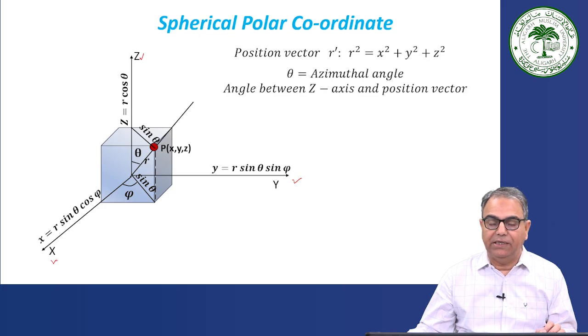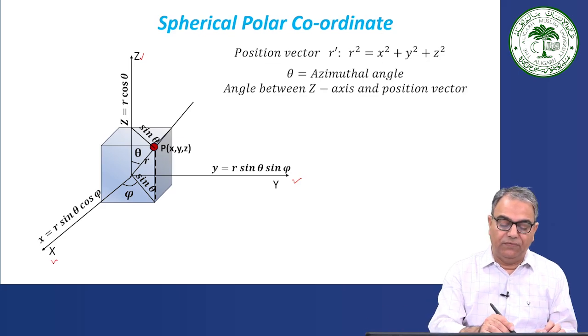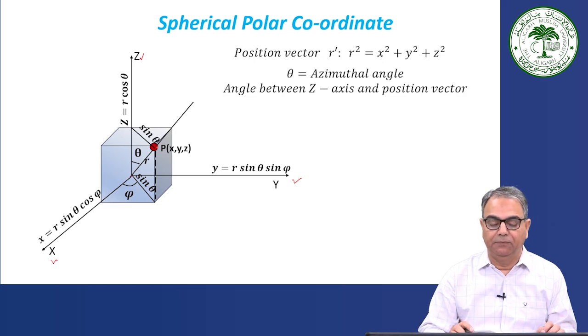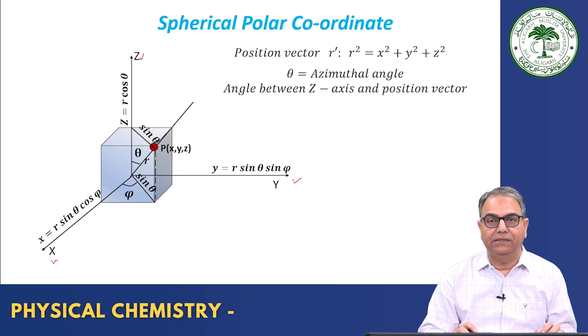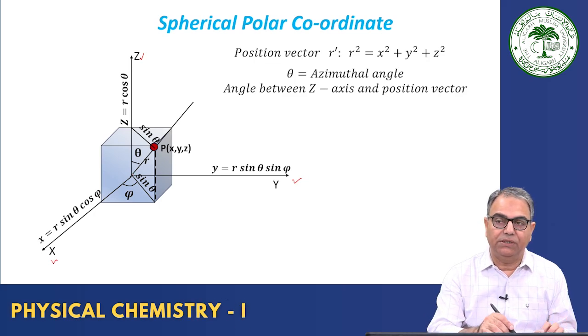The second thing is that if you draw a line from the origin to the particle, the angle this line makes with the z axis is called the theta angle, also called the azimuthal angle, the angle between the z axis and the position vector. The distance between the particle and the origin is called r.